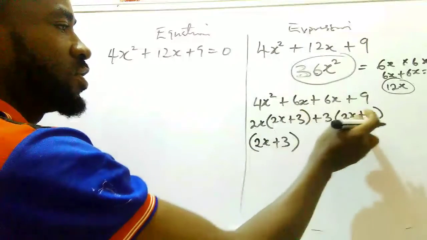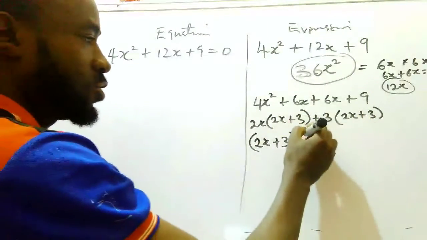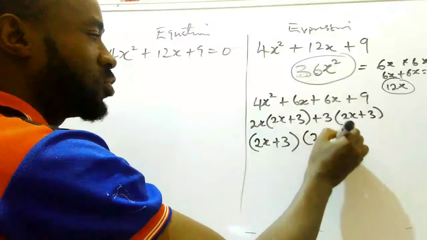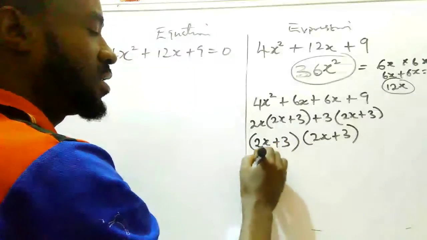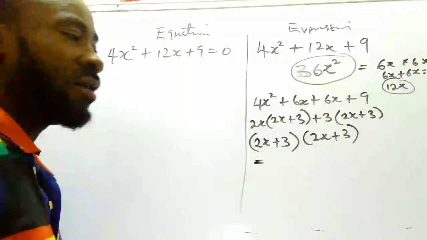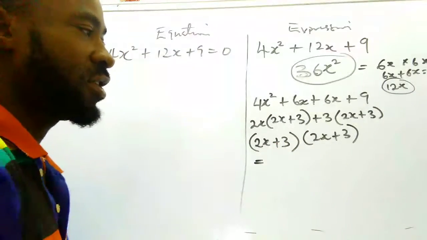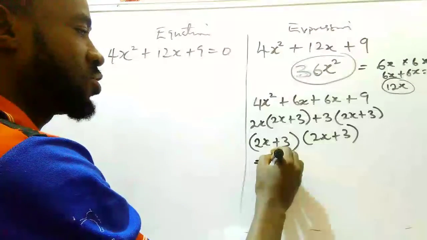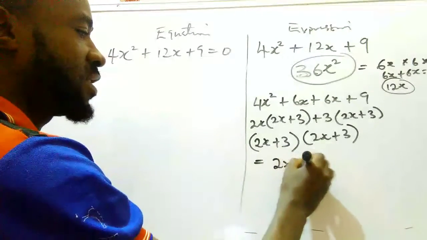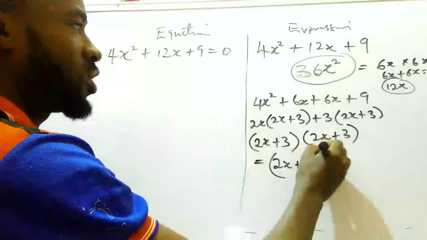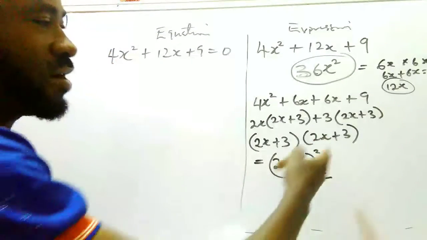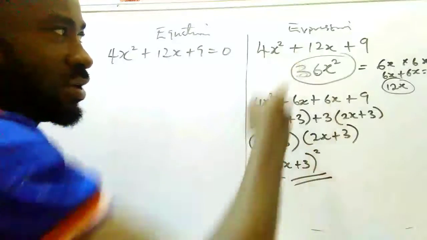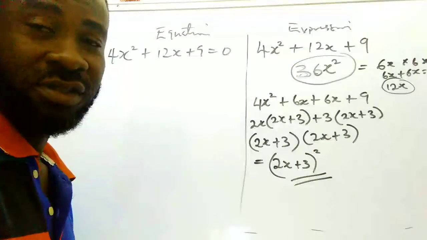And these two inside the bracket are the same, so we're just going to pick one of them. Our answer is 2x plus 3 times 2x plus 3, which is the same thing as 2x plus 3 squared.